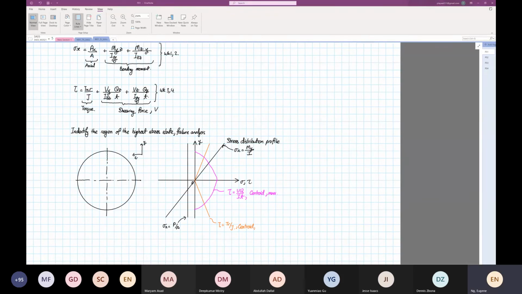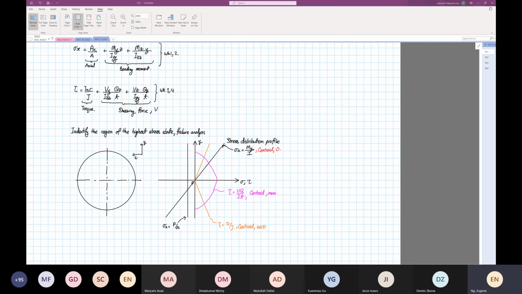It's at 0. And the one caused by bending moment, at the centroid, is also equal to 0. Where sigma x is equal to P over A, it is a constant.